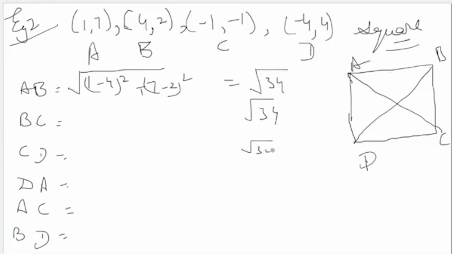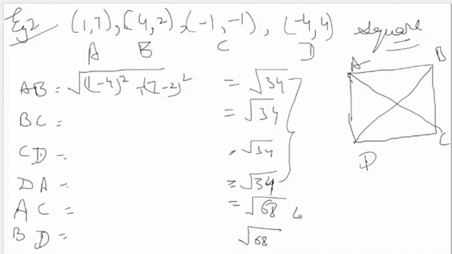This is also root 34. CD also root 34. What about AC? Root 34 only? No ma'am, root 68. Root 68. And BD also root 68. So these four sides are equal and their diagonals are equal. Therefore, we can say that it's a square.